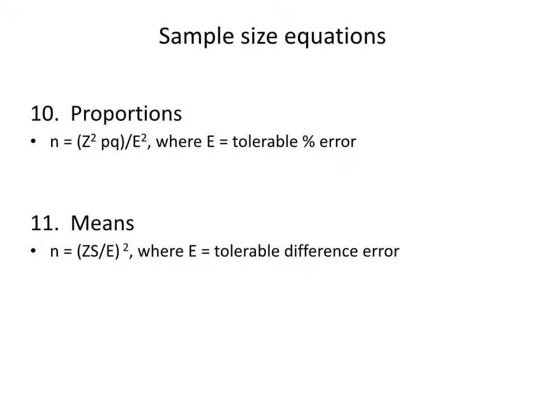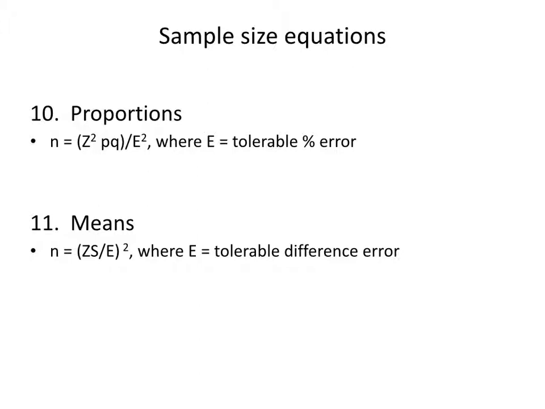That's our confidence interval. S is the standard deviation in the sample, which is an unbiased estimator of the variance in the population. And E is the error that we're willing to tolerate.